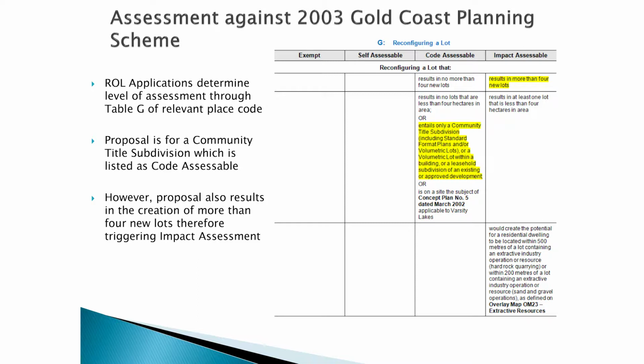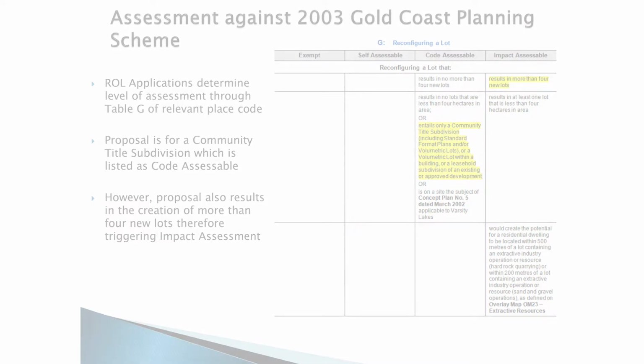Luckily here, in our impact assessment column, it's got when you're resulting in more than 4 lots, it is triggered to impact. So if they're going for 3 lots, it actually would be a code assessment outcome for a community title, but because it's 4 lots within a community title, irrespective of that, it's still impact assessment.